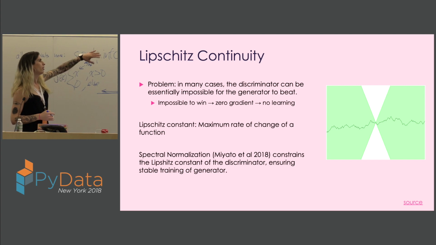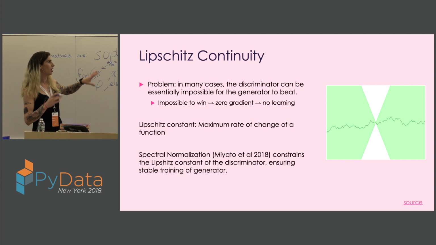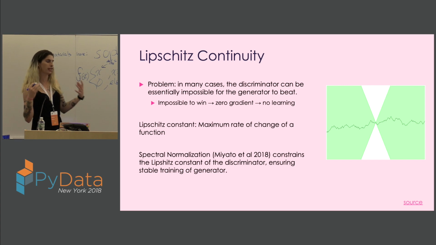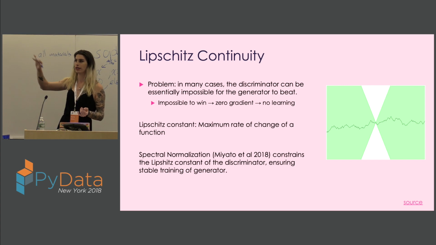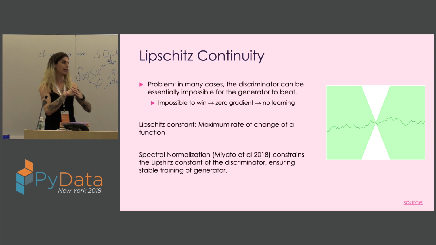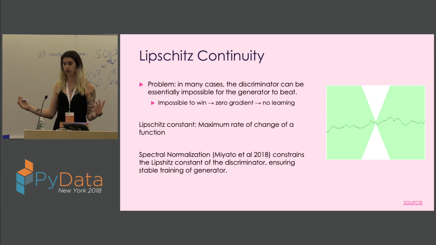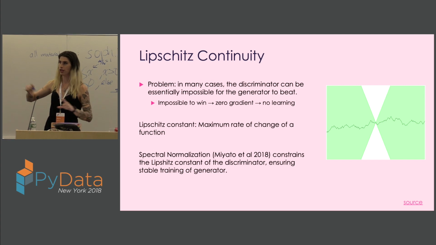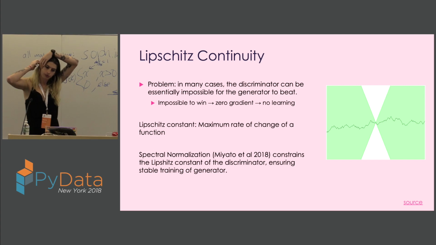All the Lipschitz constant does is give us a vocabulary to talk about how quickly derivatives change, and if we can define a limit on the derivative or the gradient of a function, that's useful.